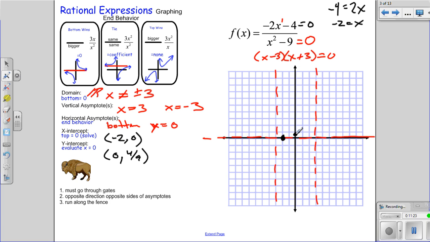And looking at our 2 points, we can see how would the buffalo run? Well, he's going to connect these 2 dots, go against the fence, and then bend along the fence and go north. Here, he's going to go in this direction and bend this way, okay? Now, in doing that, if it goes up here, then it has to go down here in opposite directions and fill this quadrant, okay?